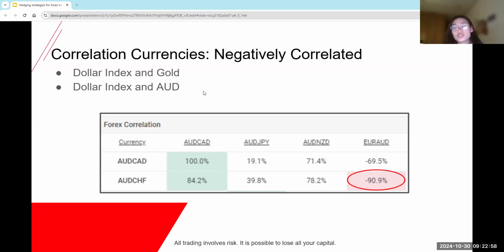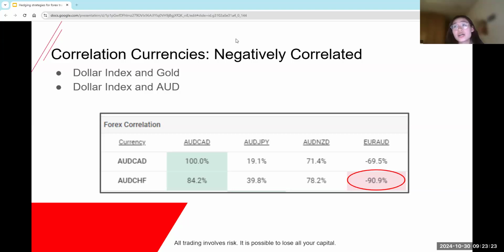So that's why it's important for us to keep up to date with any economic releases or data releases, especially any FOMC meetings, unemployment data with regards to the US economy, that tends to have a direct and quite high impact on our DXY and, as a result, gold as well.